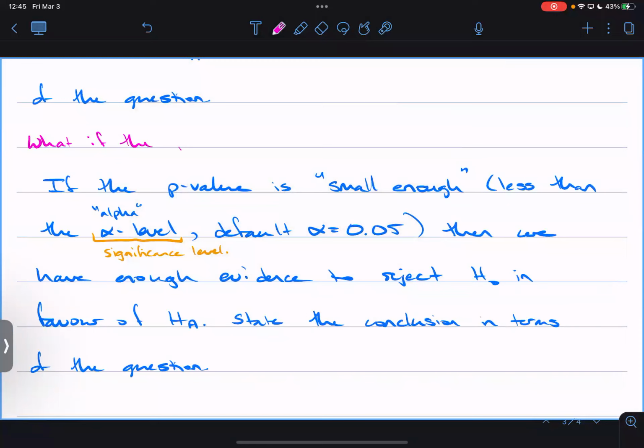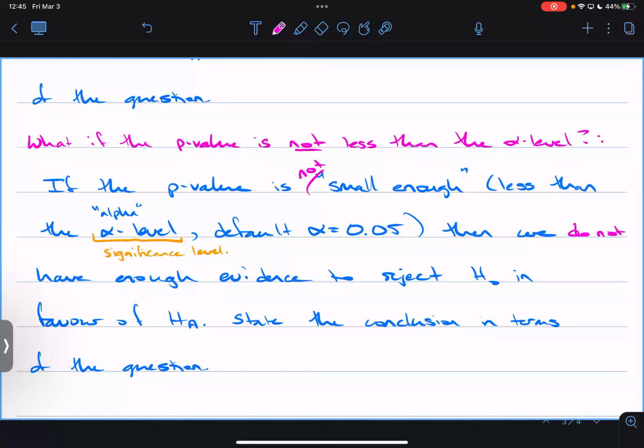What if the p-value is not less than the alpha level? If the p-value is not small enough, so if the p-value is not less than 0.05, usually, then we do not have enough evidence to reject H naught.